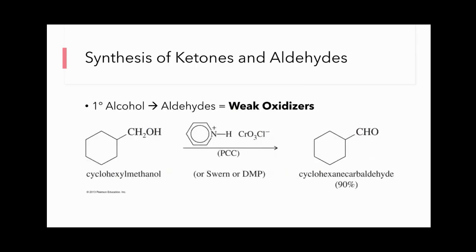Okay. And then another way, if you're starting off with an alcohol. If it's a primary alcohol, you can turn it into an aldehyde using a weak oxidizer. It can be like PCC, and DMP. If it's abbreviated like these, or it's named after someone, it's usually going to be a weak oxidizer.